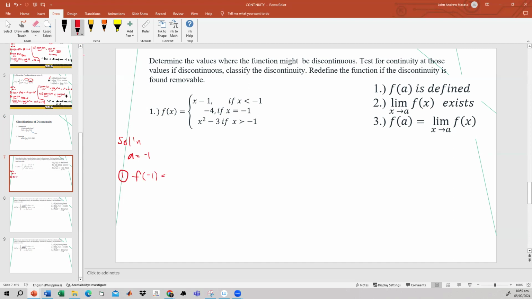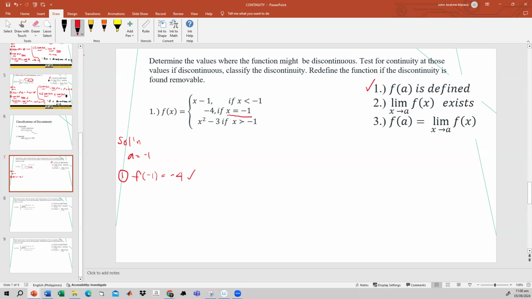As you can see here, whenever x is equal to -1, the function becomes -4. So f of -1 is equal to -4. Is the first condition being satisfied? Yes, of course, because there is a value, which is -4.